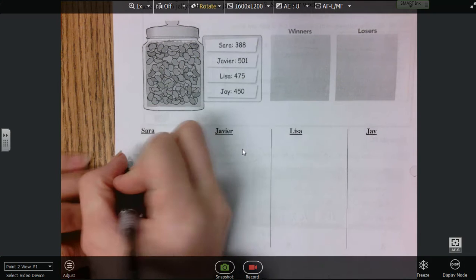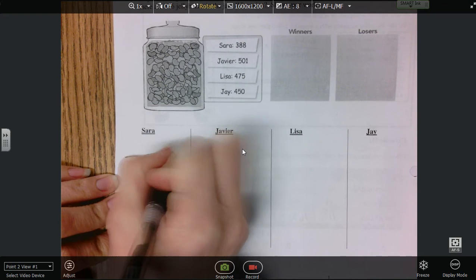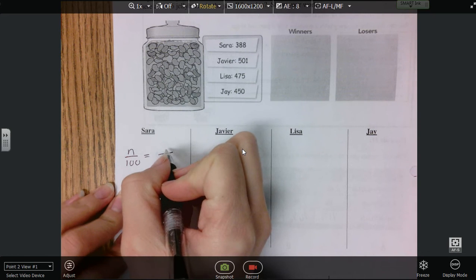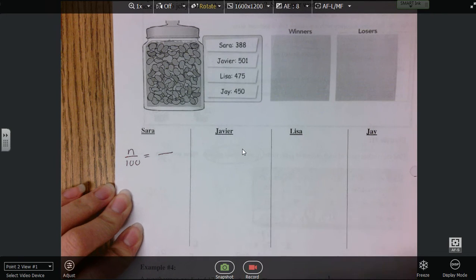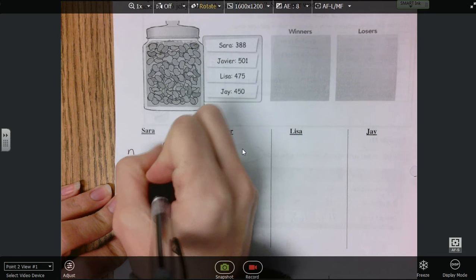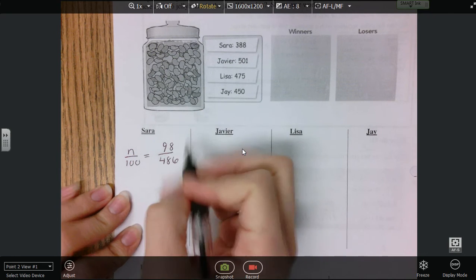To show our work again, we want to remind ourselves that we're doing percent error. So the amount of error is what I need on the other side. I had to find how much error Sarah had compared to the 486, which will give me 98. And the actual amount is 486.